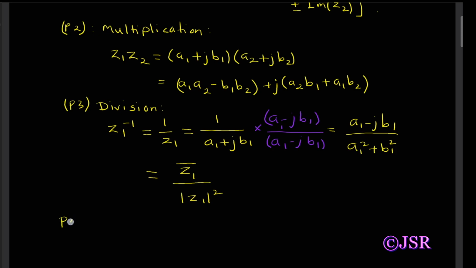Property 4, the conjugate of a complex number.